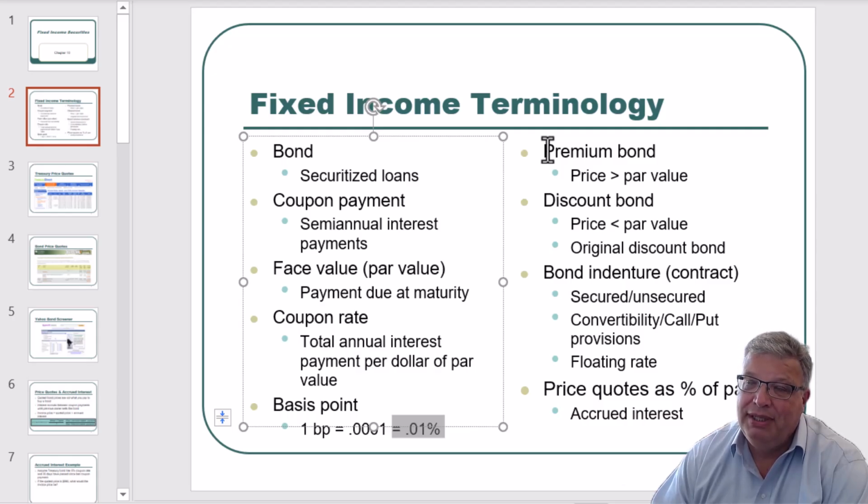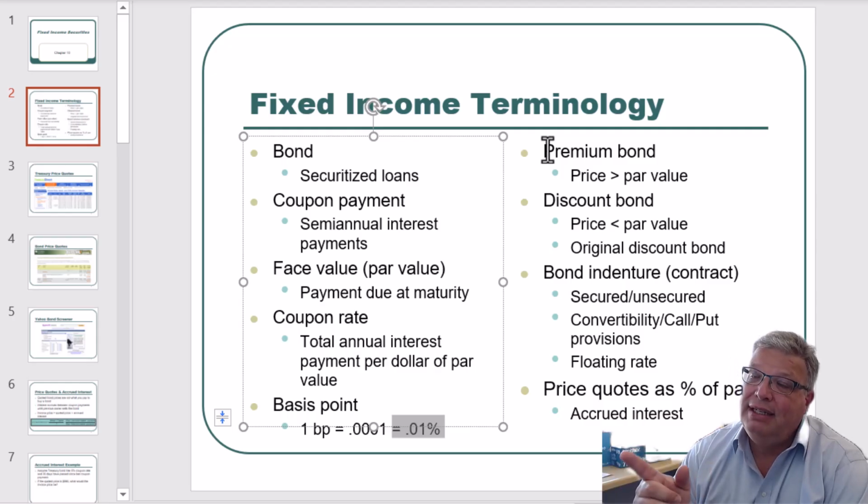For example, if the Fed cuts interest rates 0.25%, right? 0.25% is going to be 25 basis points.